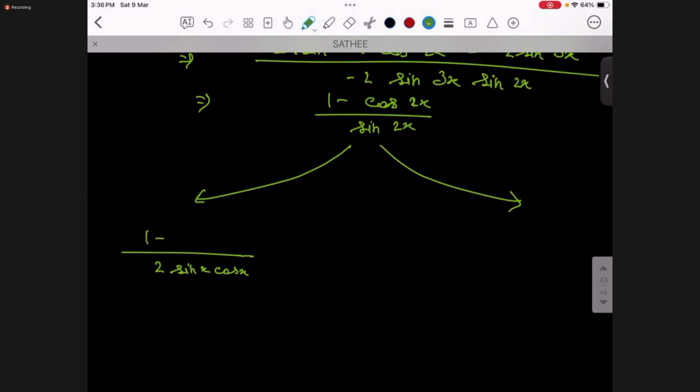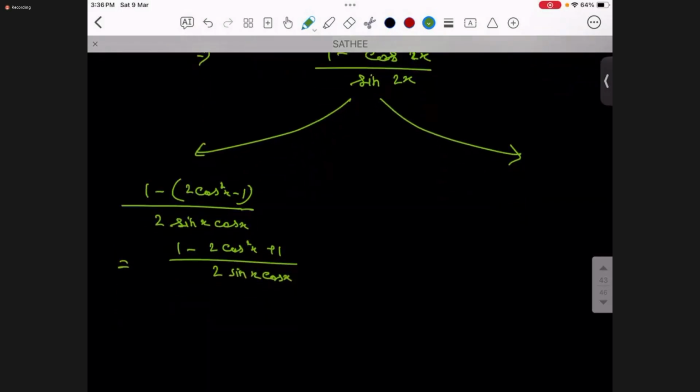But what about 1 minus cos 2x? So let us apply the formula 2 cos square x minus 1. So what we will obtain from here? 1 minus 2 cos square x plus 1, divided by 2 sin x cos x.